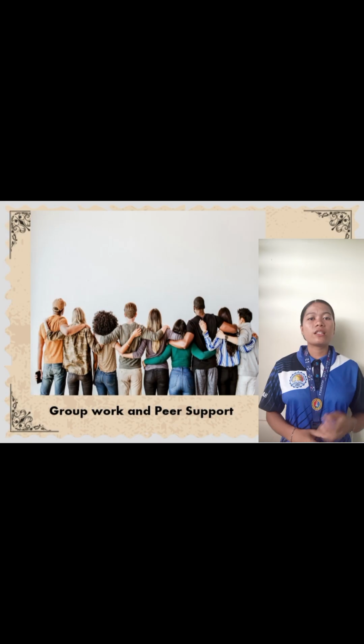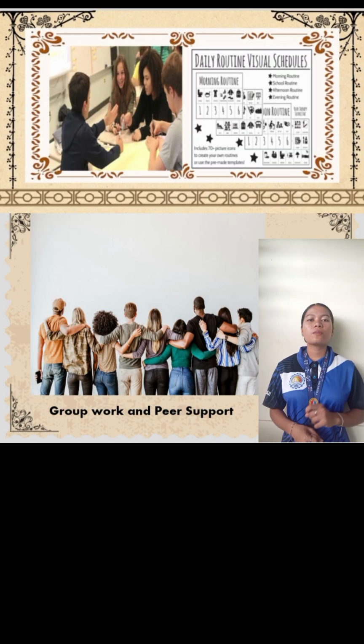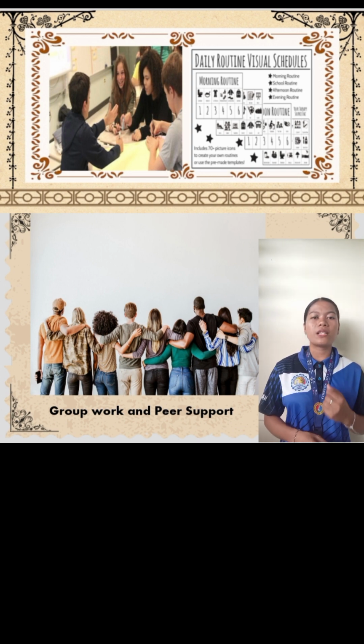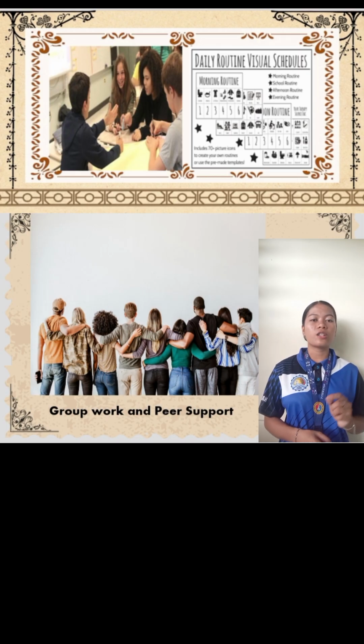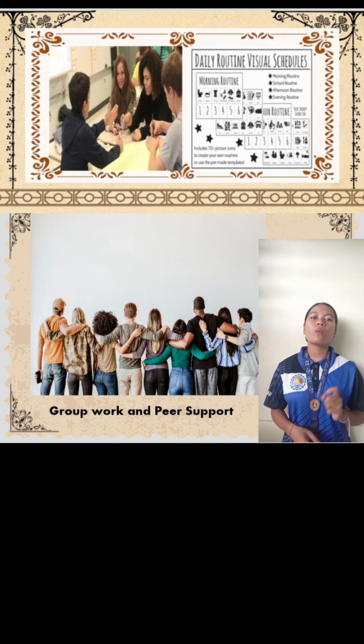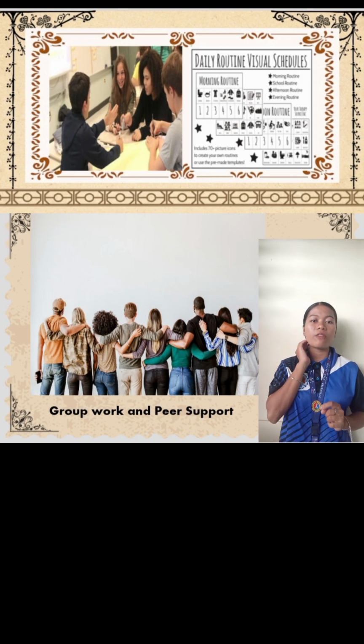Another example of this is clear structure and routines. These refer to the organized systems, rules, and patterns that guide how activities are carried out in the classroom on a daily basis. Structure involves setting clear expectations for behavior, lessons, and procedures, while routines are the consistent, repeated actions students follow, such as starting the day with a warm-up activity, lining up before leaving the room, or submitting assignments in a specific way.